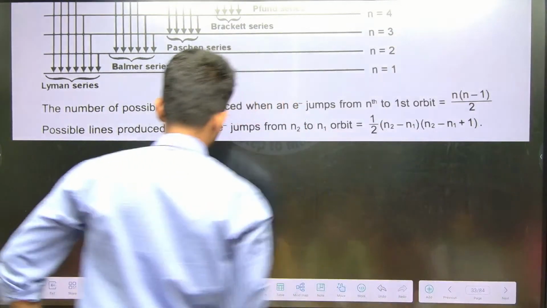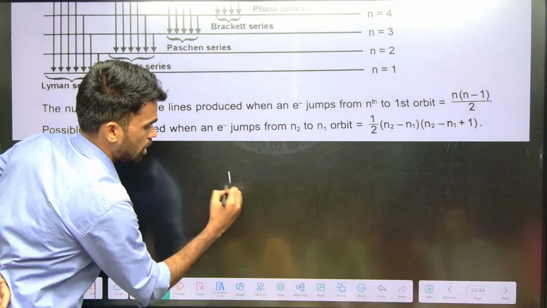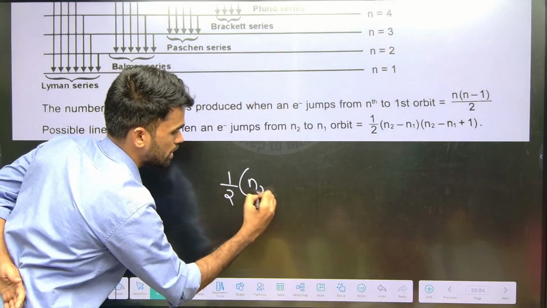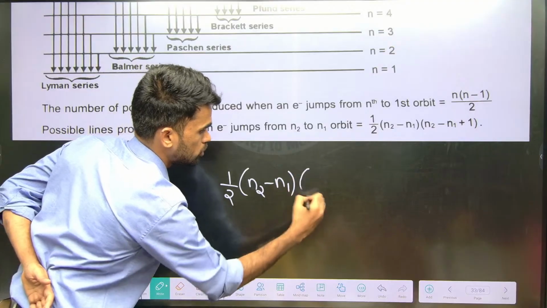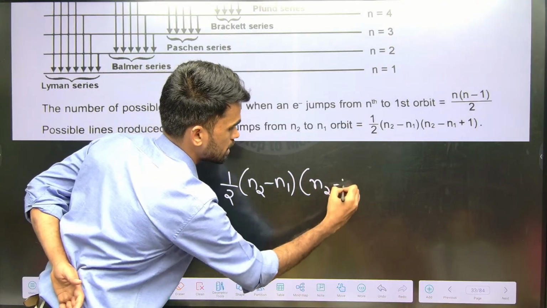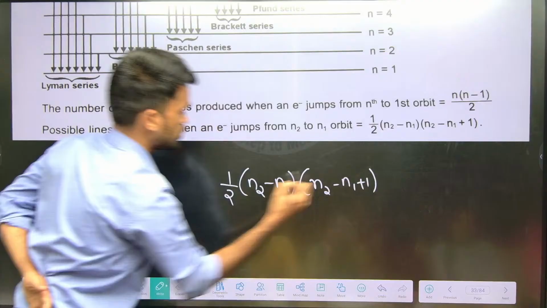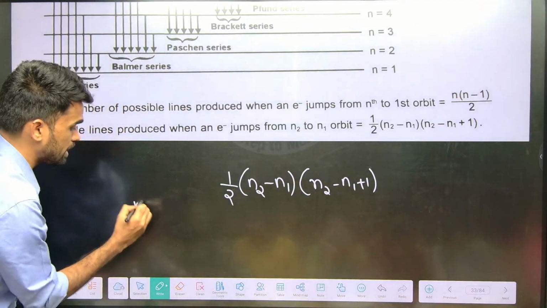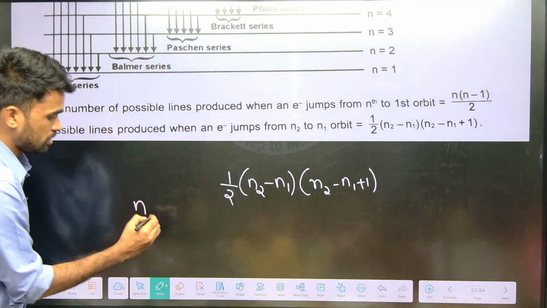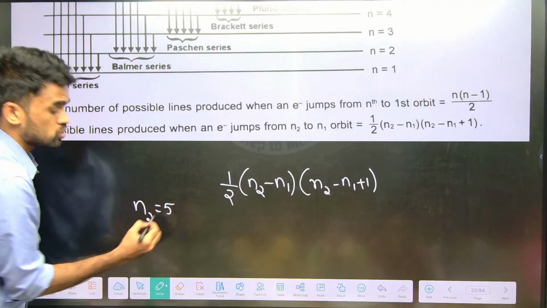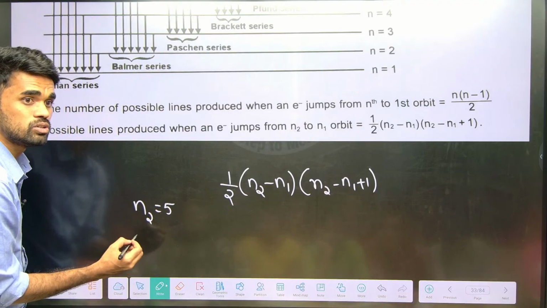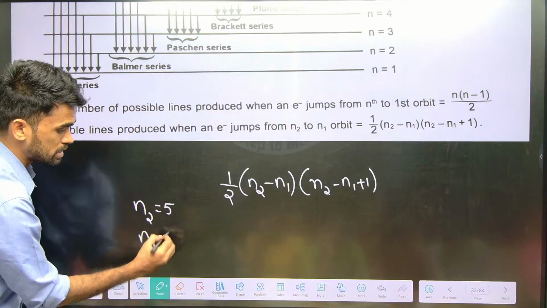So the formula is half into (n2 minus n1) into (n2 minus n1 plus 1). Let us take our example. Our highest energy level previously was the 5th level, falling from the 5th to the ground state, so n1 equals 1.